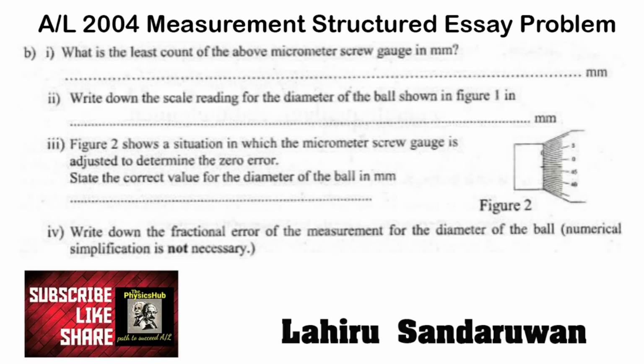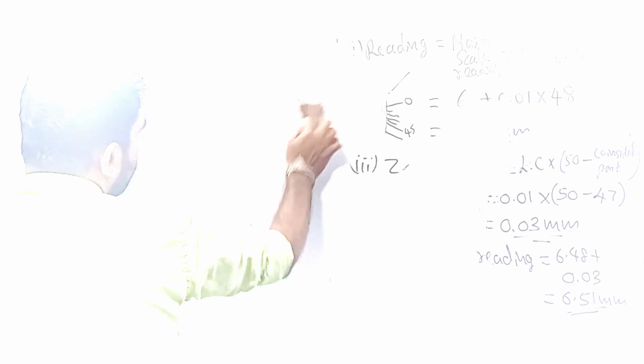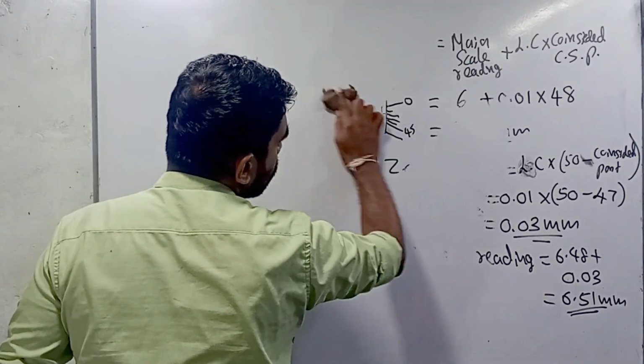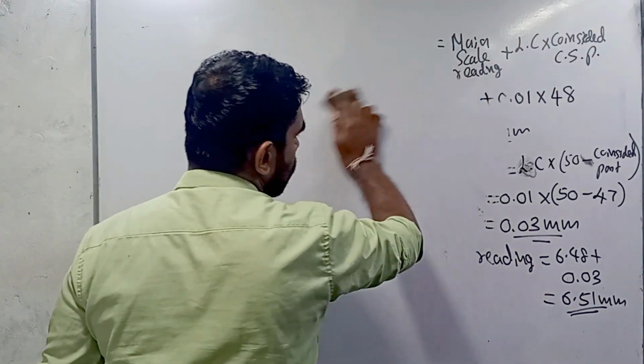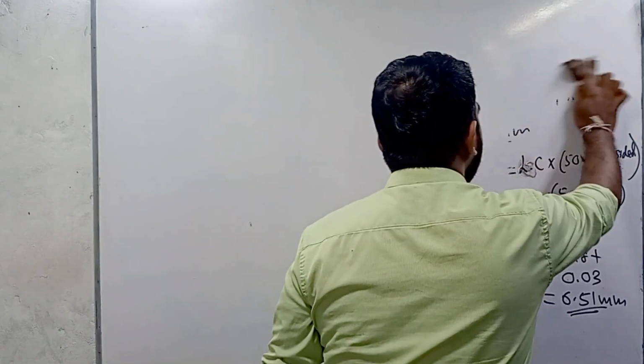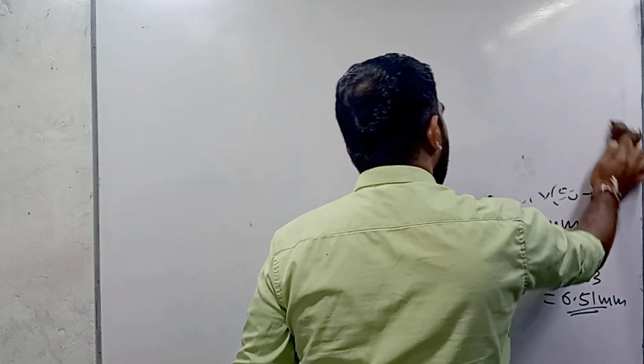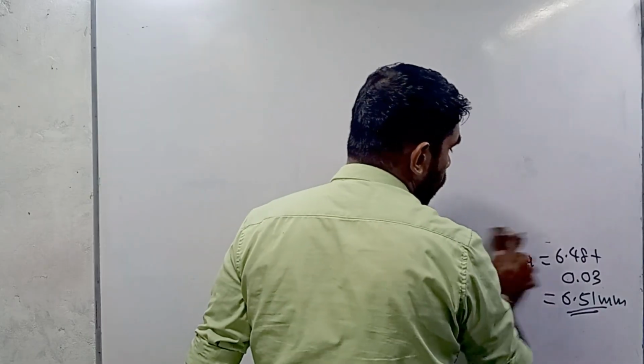In part 4, B part 4, write down the fractional error of the measurement of the diameter of the ball. Numerical simplification is not necessary. We have obtained two values for the diameter. First one is 6.48, it is the reading, not the corrected value.